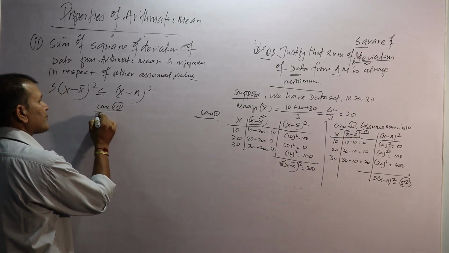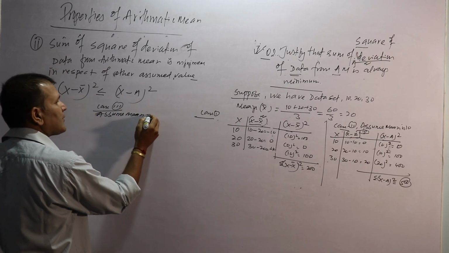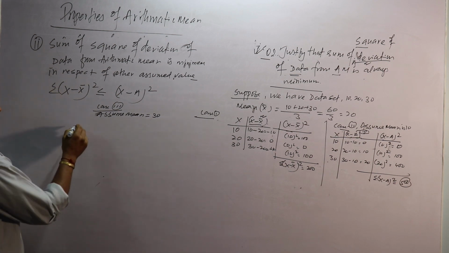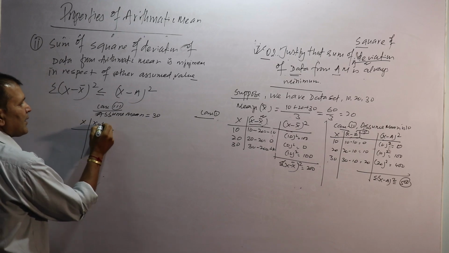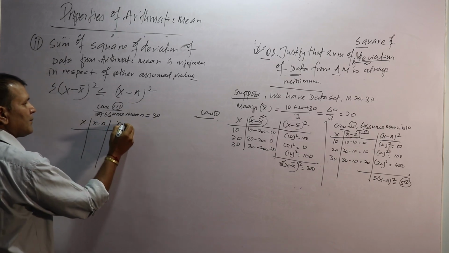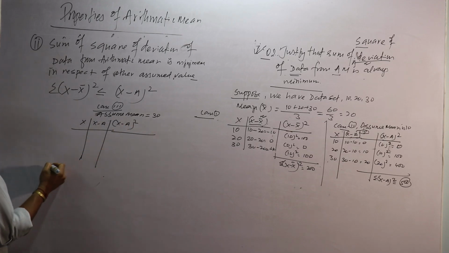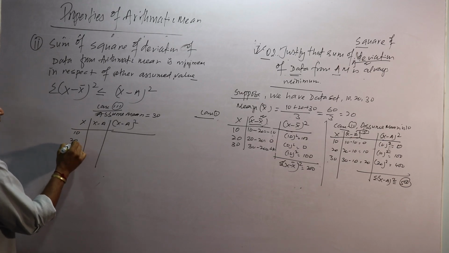Suppose the assumed mean is equal to 30. Then we calculate the deviation x minus a, and (x minus a) square, for 10, 20 and 30.